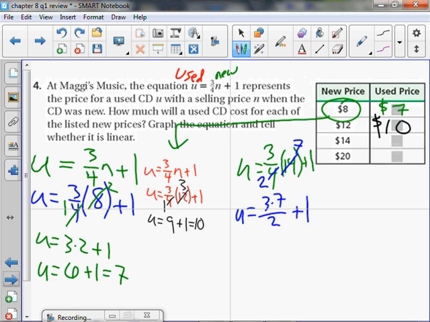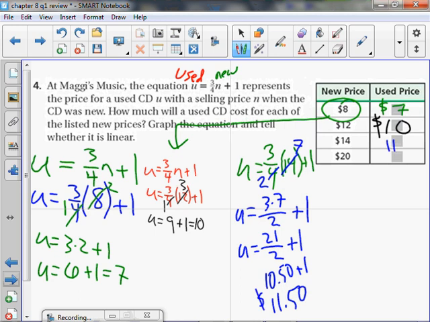Let's figure out what that is. 3 times 7 is 21. So 21 over 2 plus 1. 21 divided by 2, that's $10.50, because $20 divided by 2 is $10. So this is $10.50 plus 1, so I get $11.50. So that's the cost of my used CD when I paid $14.